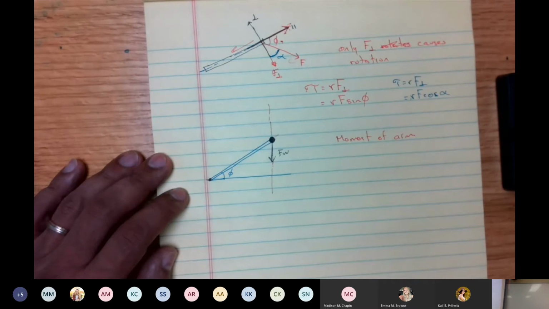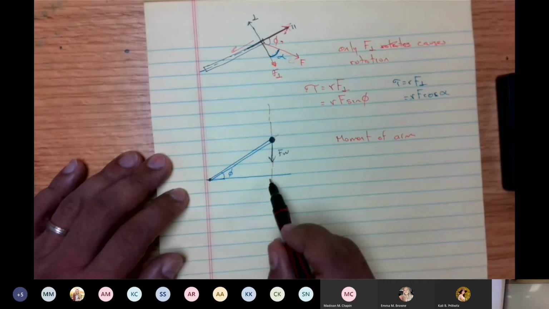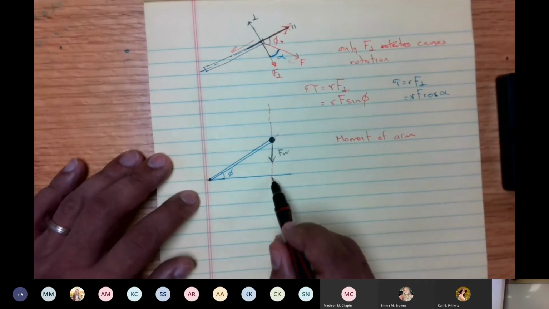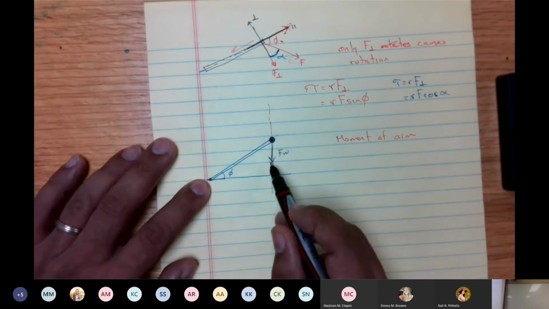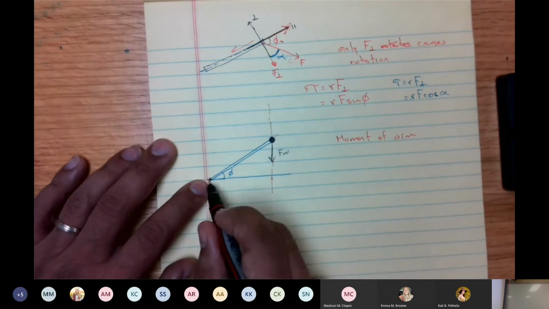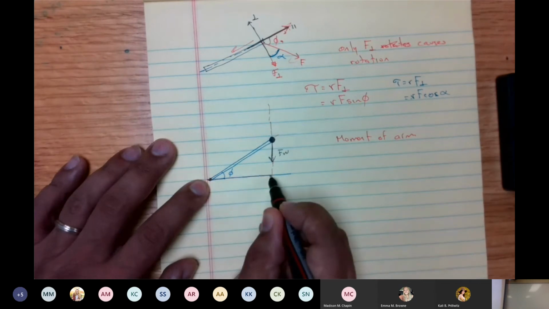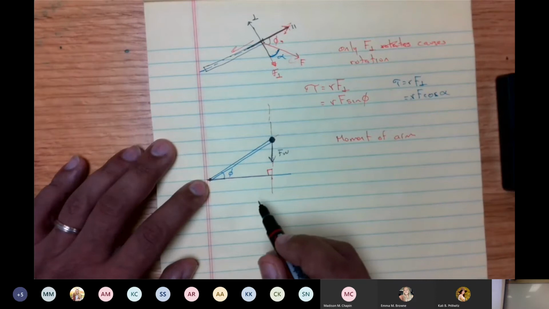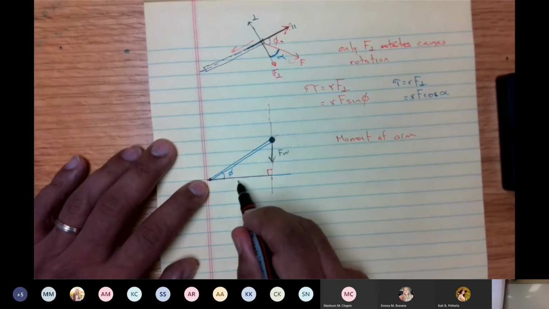Then what I'm going to do is find the shortest distance between my pivot point and that imaginary line. And that's always going to make a 90-degree angle with the force line. So the shortest distance is going to be this one. And this distance, that's my moment arm.